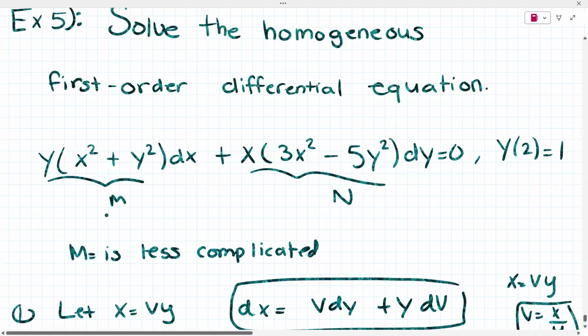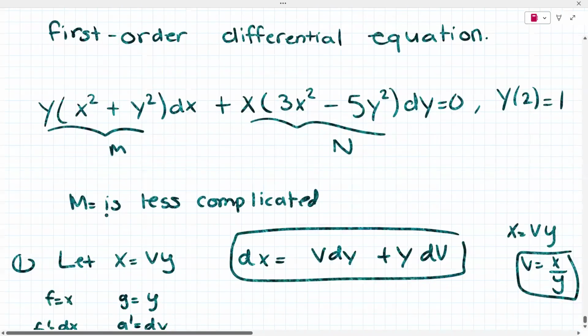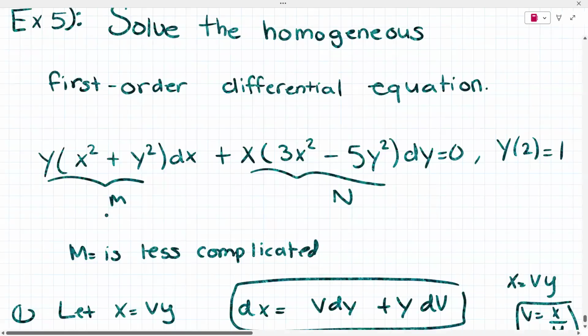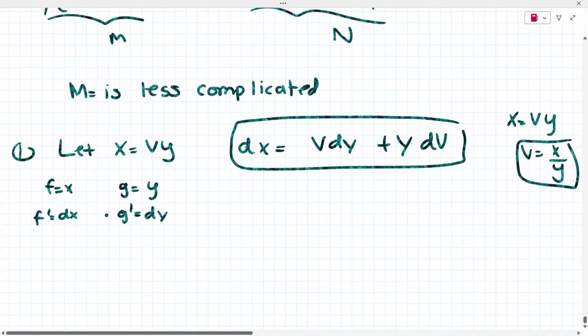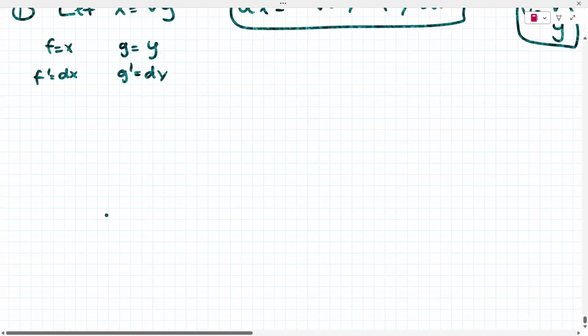So if you go back to your problem, you're going to substitute your x with vy, and then you're going to substitute your dx with v dy plus y dv. And what do you get? So when you do that substitution, you're going to get a really complex one.